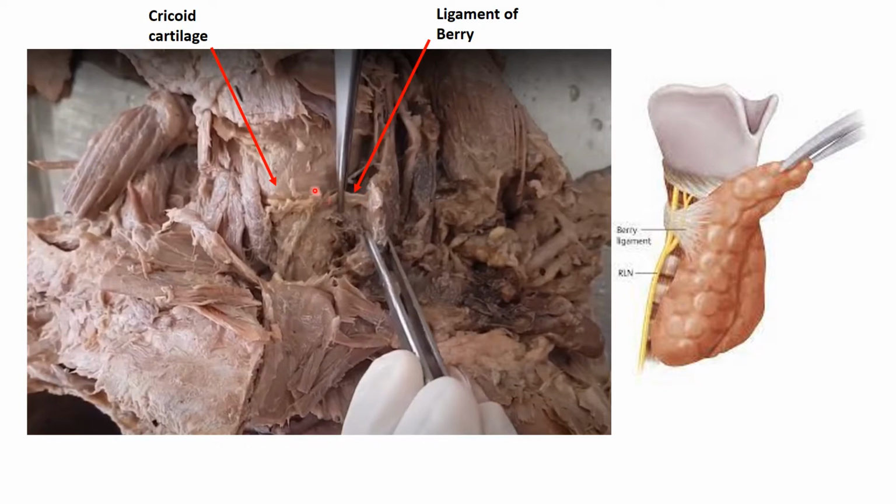So we have the cricoid cartilage over here. That is the reason that the thyroid gland moves up and down during deglutition. So this is due to the attachment of the ligament of Berry, which is a modification of the false capsule of the thyroid gland, or the pretracheal fascia.